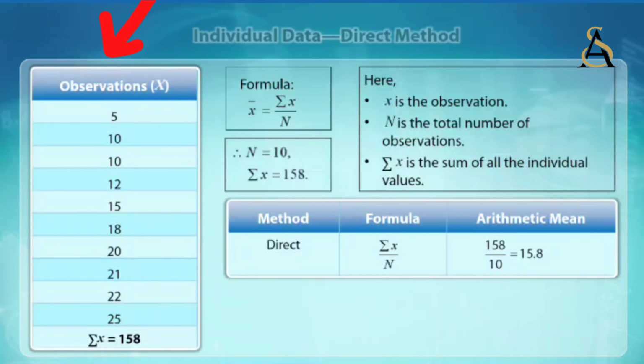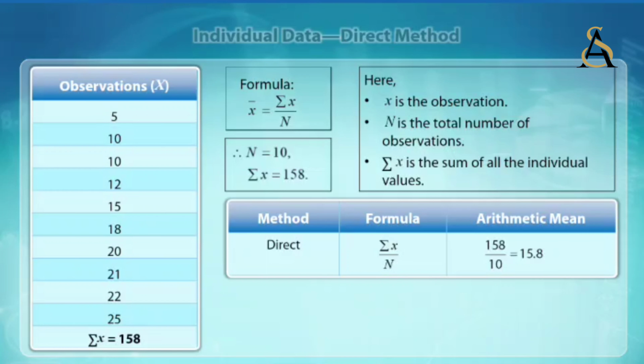Here we have different observations given and the formula says x bar is equal to sigma x by n. N here means the number of observations, so we are going to count the number of observations. When we count all of them we get 10.